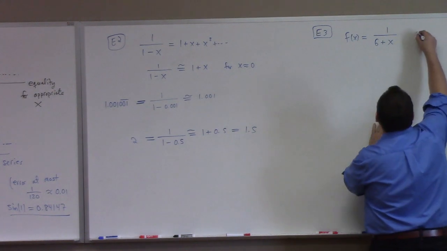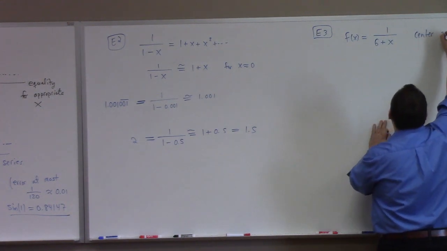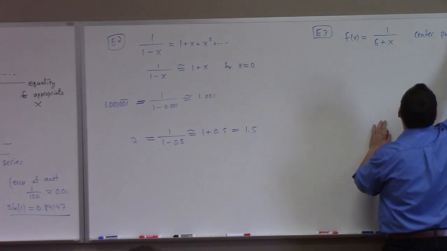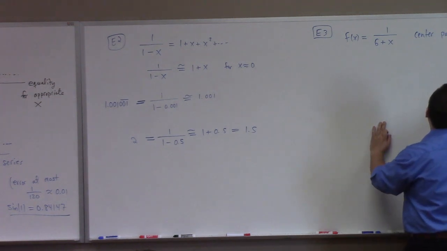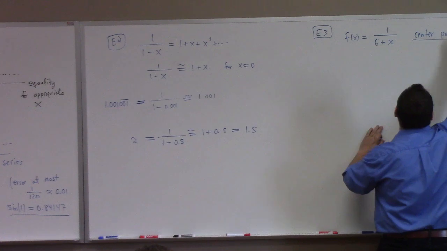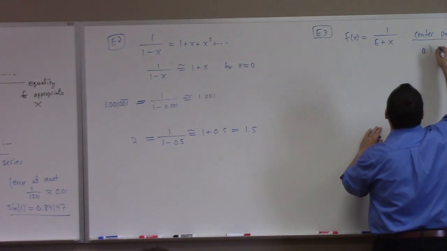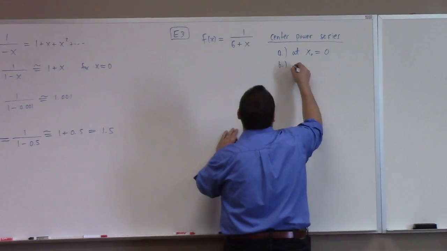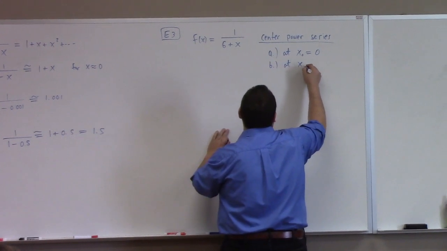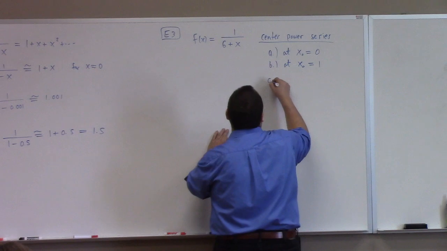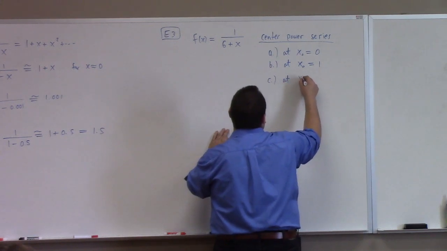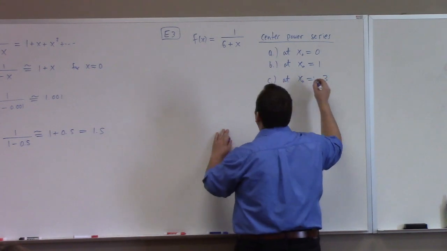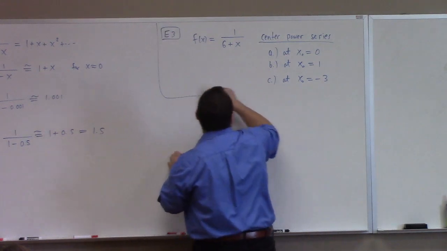I want to center power series at a couple different points, just to show you guys what goes on here. So part A we'll center at 0. Part B, we'll center it at 1. And part C, we'll center it at -3. I think by then you'll be sick of this problem.